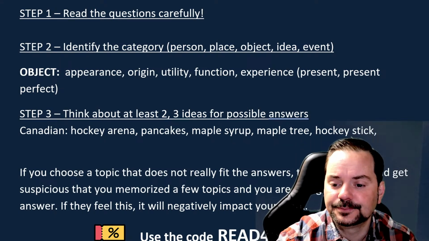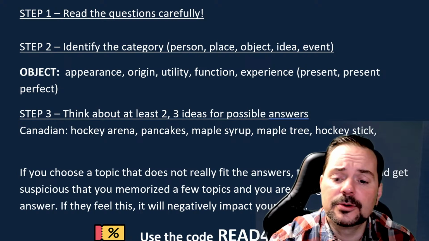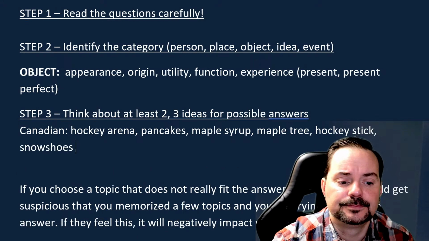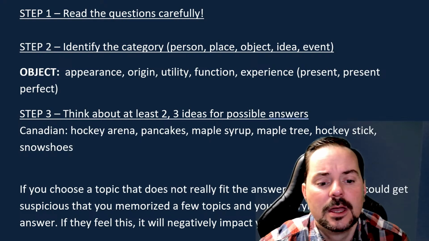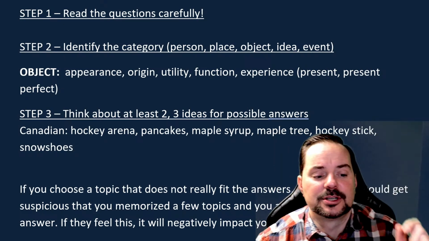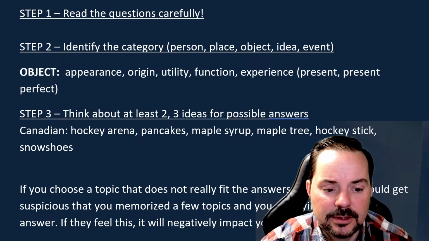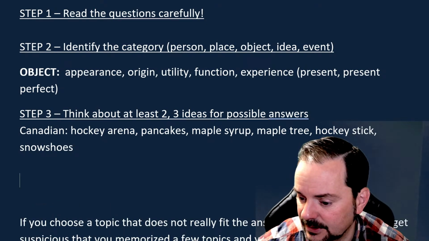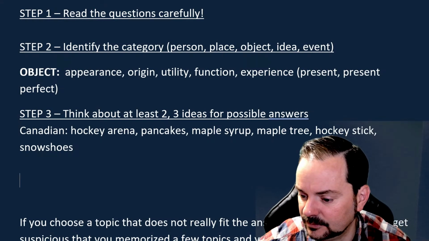Okay. Now, another one that represents Canada quite well are snowshoes. Okay. It's actually the picture that I used on the thumbnail for this class. I'm not sure if any of you caught that. But snowshoes could be a good one for this question. Okay.